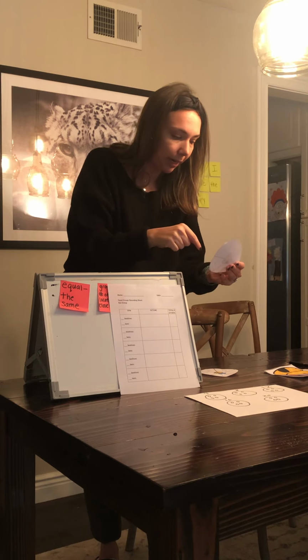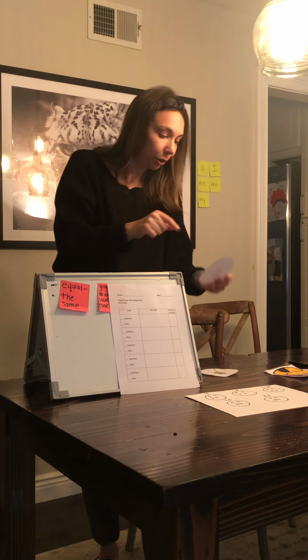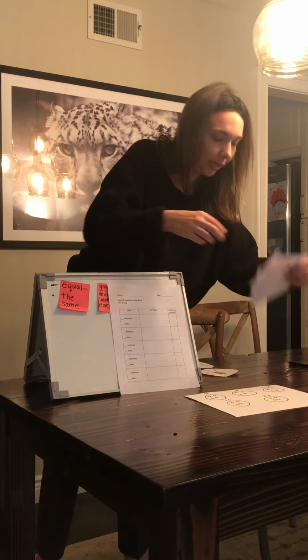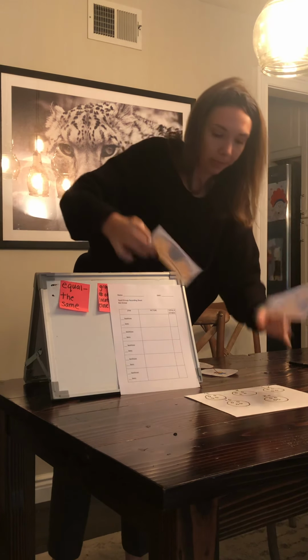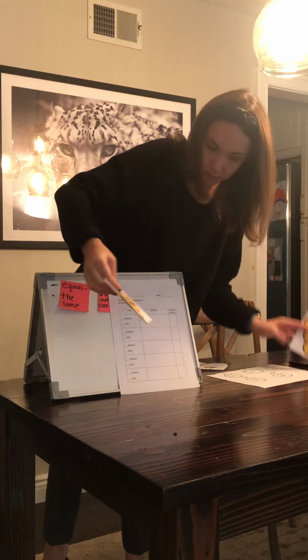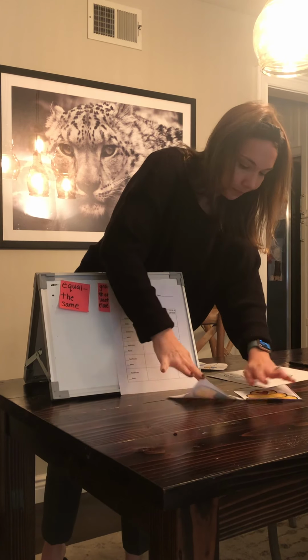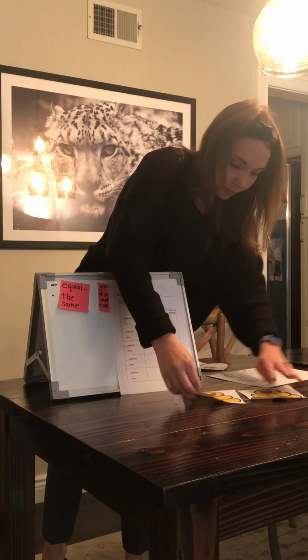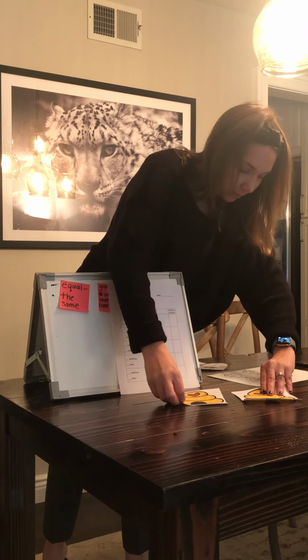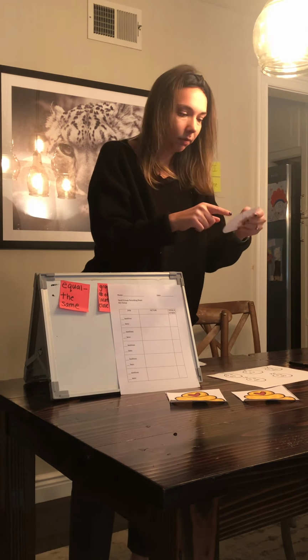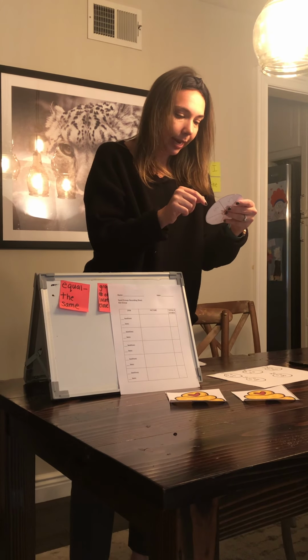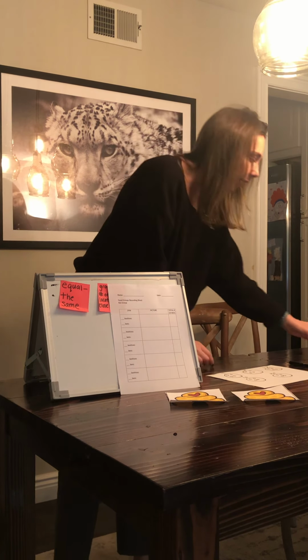Okay, so we're going to spin our spinner. The first spin I got went to 2. So I know that I need 2 beehives. I'm going to put those down over here. And then we're going to spin our bee spinner, and I got the number 3.